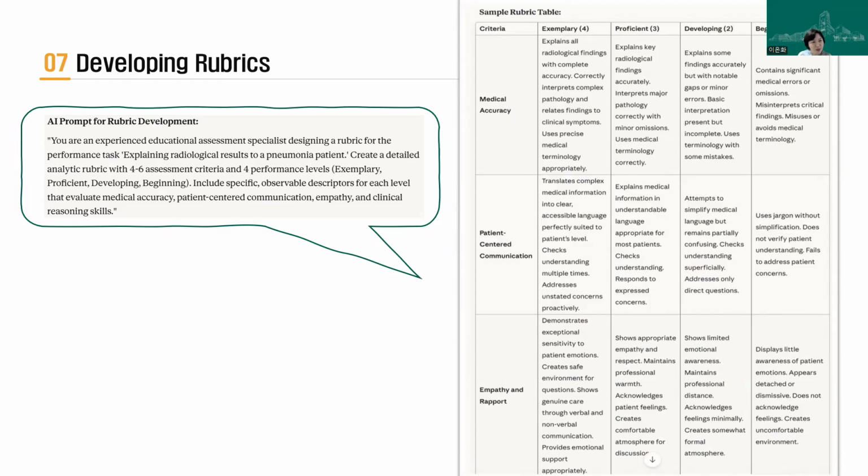Add discipline-specific elements. Best practice: generate an initial structure with AI, refine it based on your expertise, test with sample work, and revise. AI accelerates development, but your professional judgment remains essential.